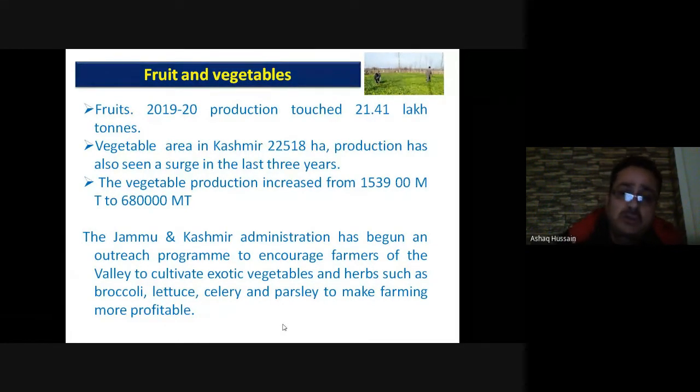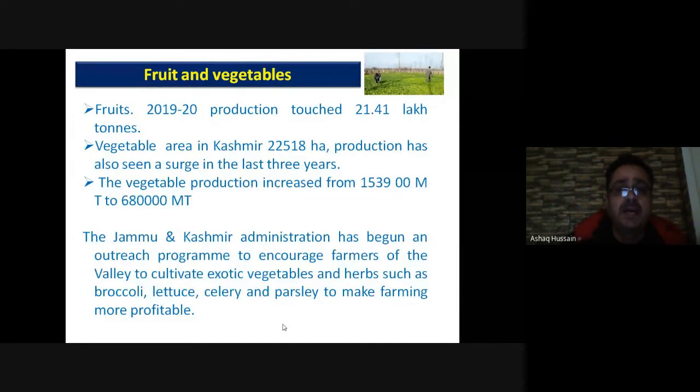We also cultivate nadru, which is called lotus stem. This season we have exported a good quantity of vegetables to Dubai, which was reported in different newspapers and news. So now we are exporting some important vegetables to other countries also. So as a vegetable hub, Kashmir is growing.